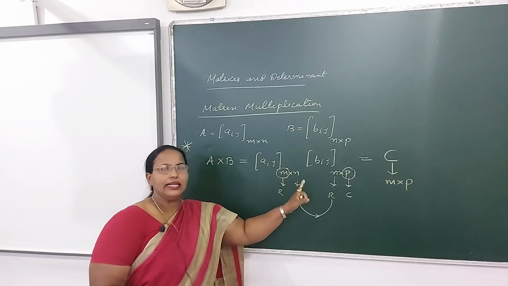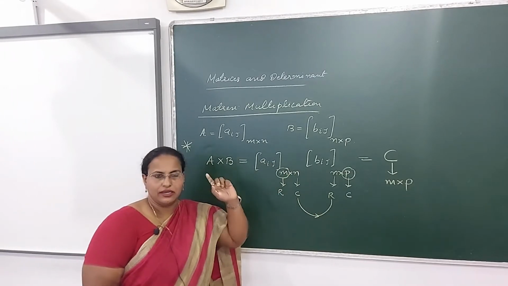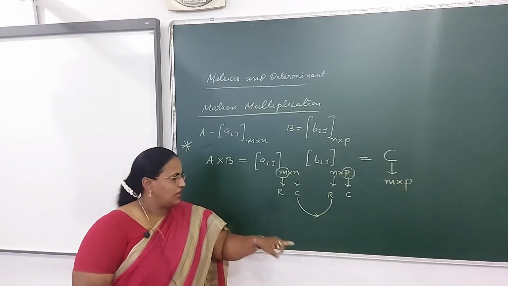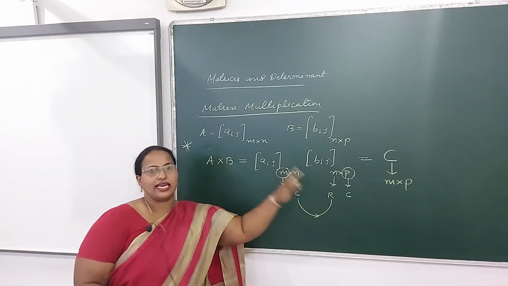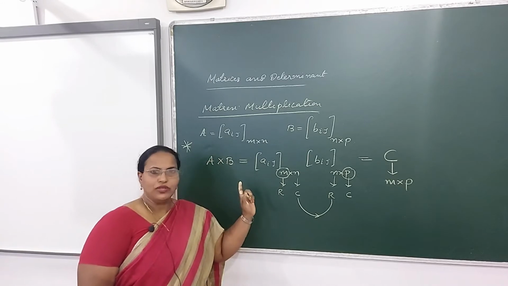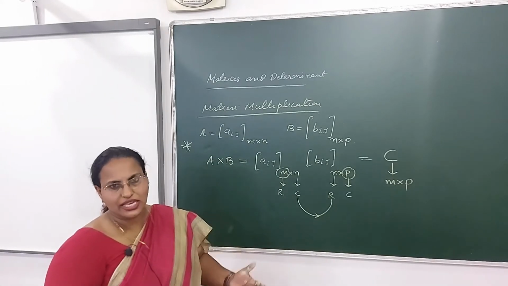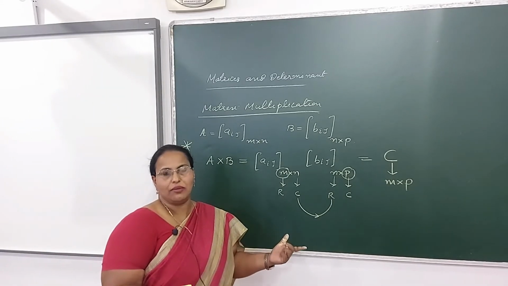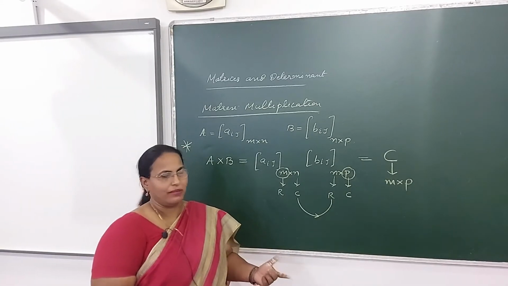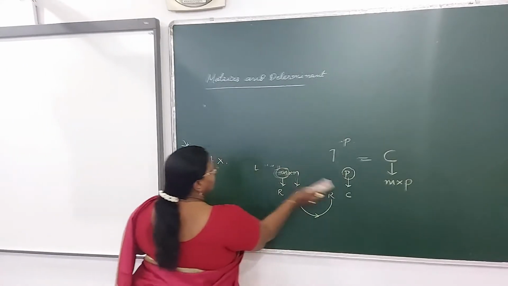And after multiplication, the resultant matrix so obtained, the order will be the rows of first and the columns of the second. I hope this is clear now. Now let us take some examples and we'll be checking in what manner the matrices can be multiplied or cannot be multiplied. Now let me take an example here.